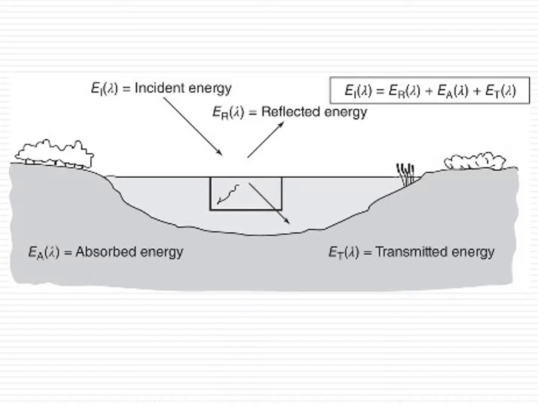In other words, if you add up all the energy that bounces off, all the energy that passes through, and all the energy that becomes absorbed within the object, the sum total should be equal to the energy that was placed there in the first place.